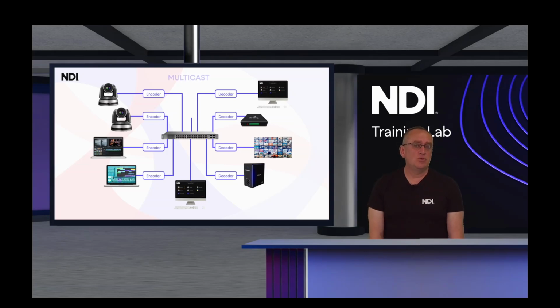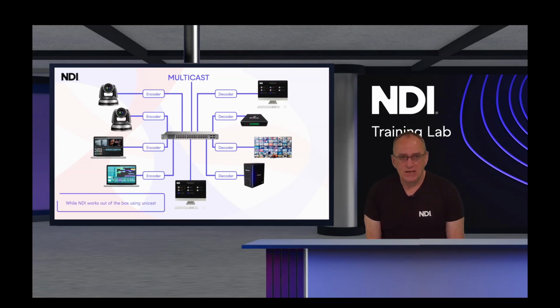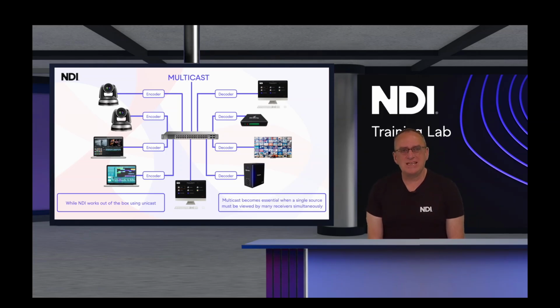Configuring NDI for multicast is a powerful way to scale video over IP workflows in large or demanding environments. While NDI works out of the box using unicast, multicast becomes essential when a single source must be viewed by many receivers simultaneously without overloading the sender or saturating network links.